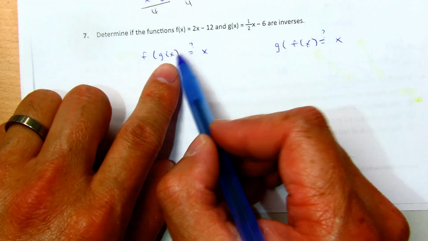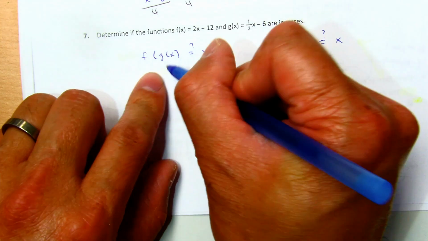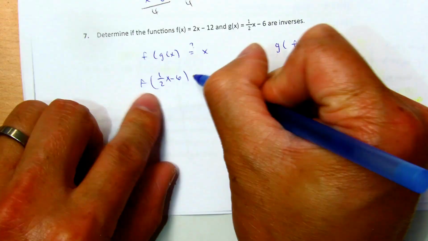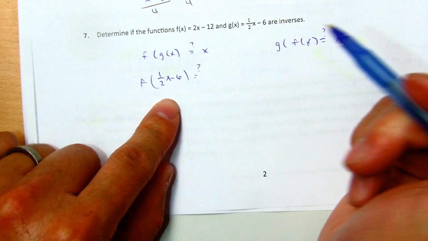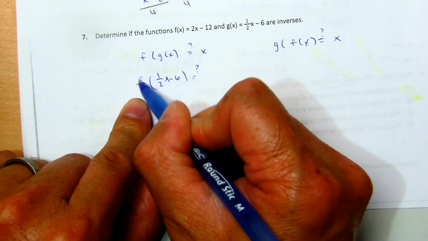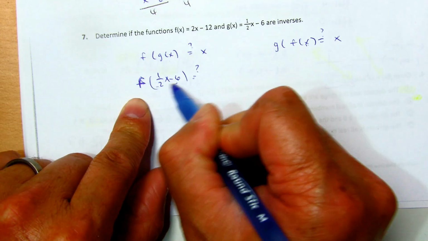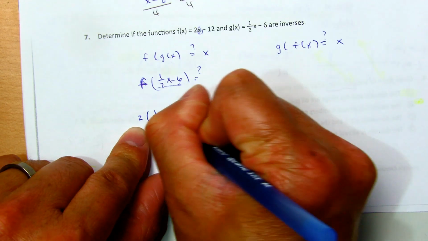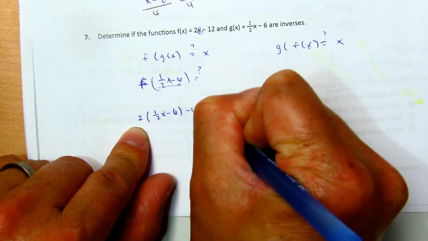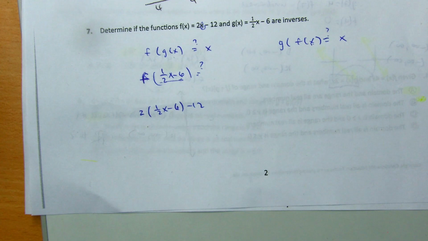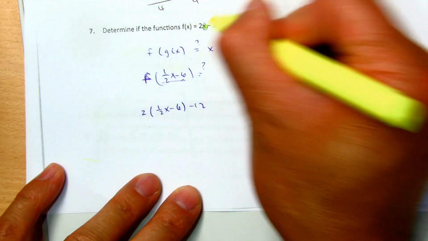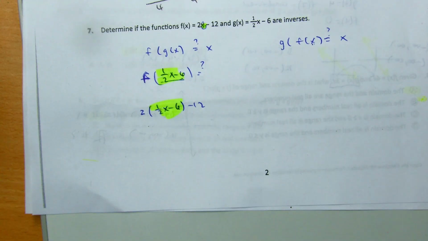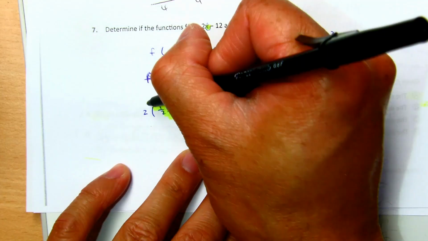We're going to put g into f. So every x value now I'm going to put this here. So that'll be 2 times 1/2 x minus 6 minus 12. So instead of writing x, we're writing 1/2 x minus 6. I'm going to distribute.